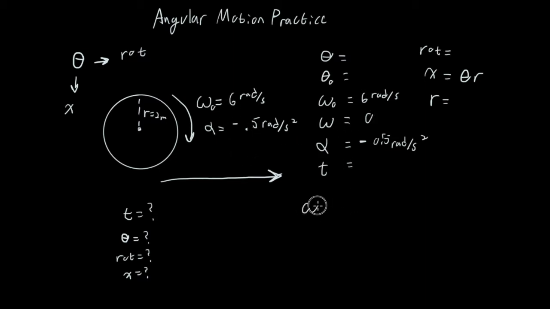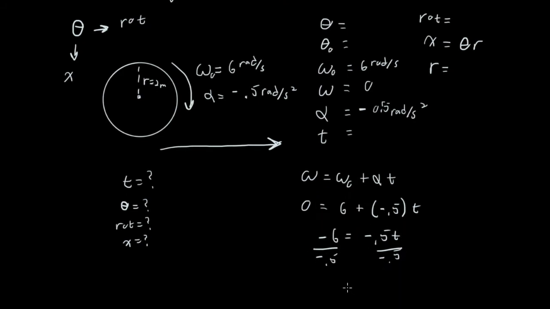And so we can use classic kinematic equations and plug in our variables. We get 0 equals 6 plus negative 0.5 times t. And with just a little bit of algebra, we get 12 seconds for our time.